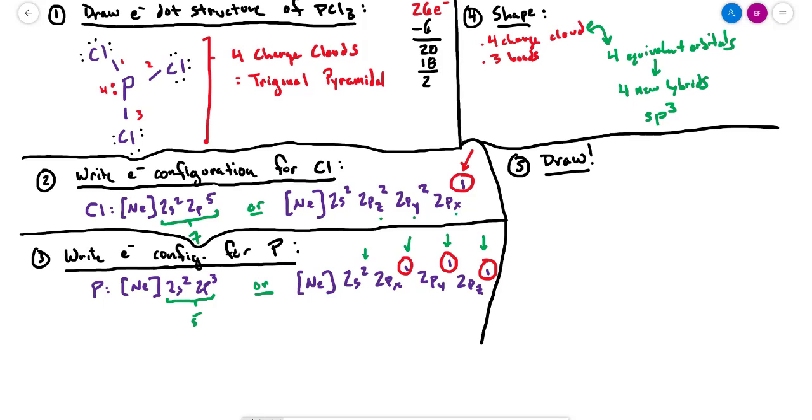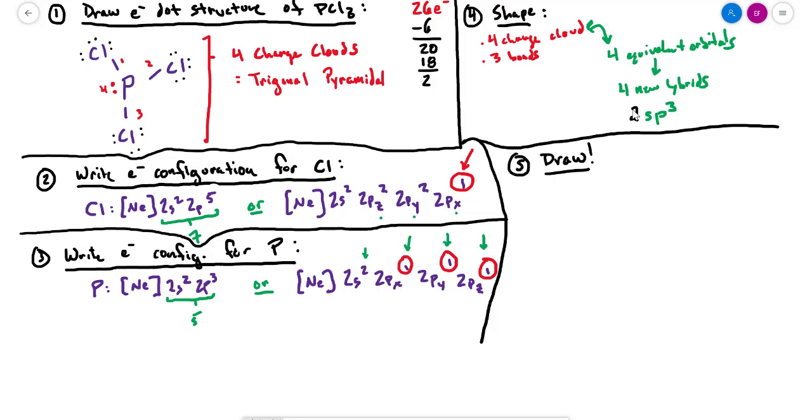Now that we've identified that we have these 4 charge clouds, which means we need 4 equivalent orbitals, we're going to hybridize all 4 atomic orbitals in the valence set, the 2s and all 3 of the 2p's. So we'll have 4 new 2sp3 hybrids, to be clear. The 2 means it's coming from the principal quantum number 2, not that we have 2 of them, because we actually have 4 of them.